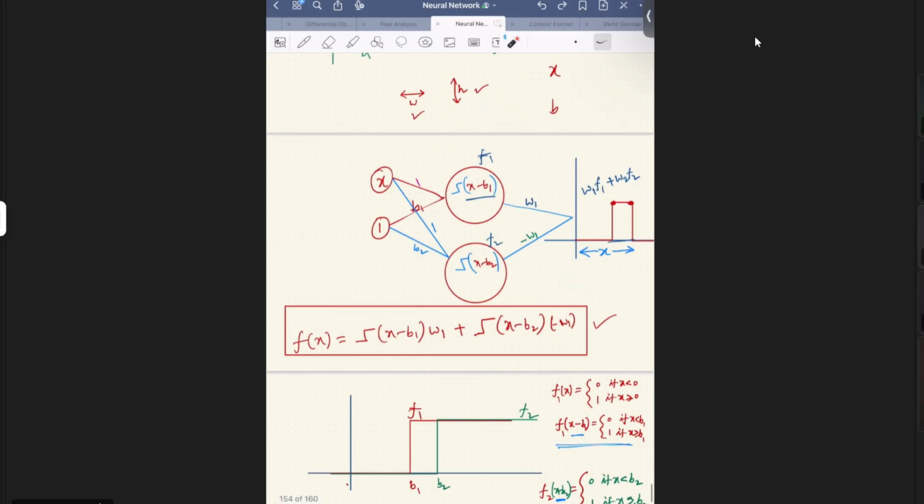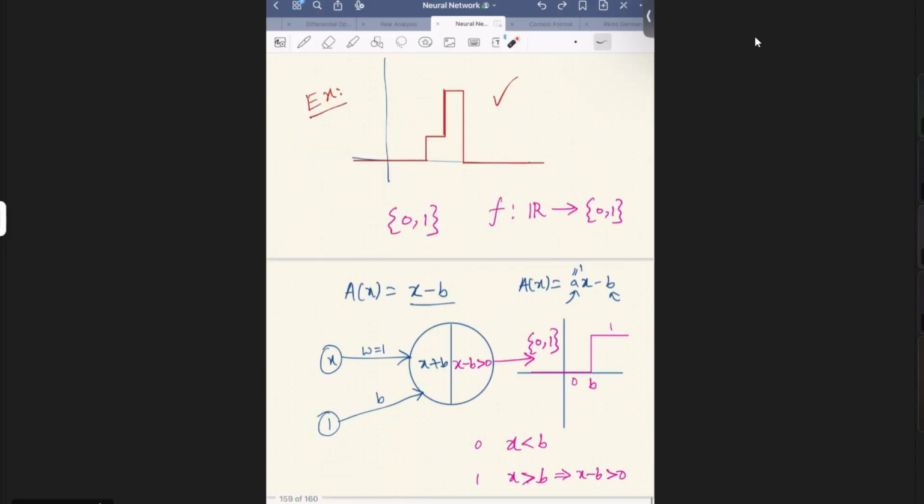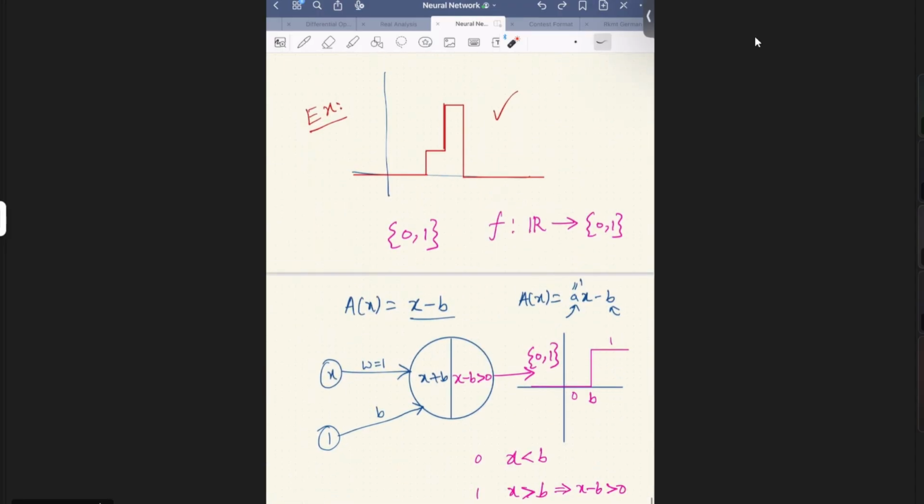You can see in the neural network, we are supplying an x with weight 1, and that is the signal. This is the x minus b. The signal is jumping. This is the function. This is nothing but the one which I have just explained. It is activating.